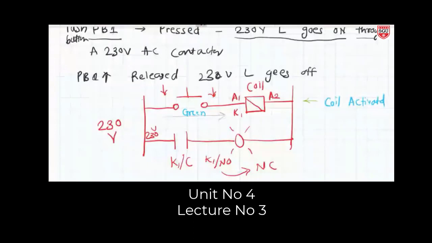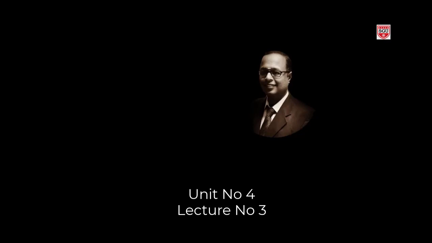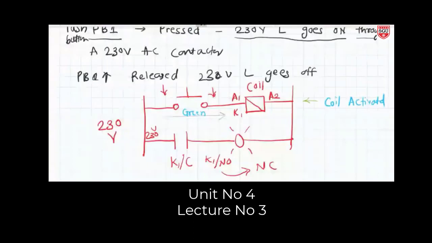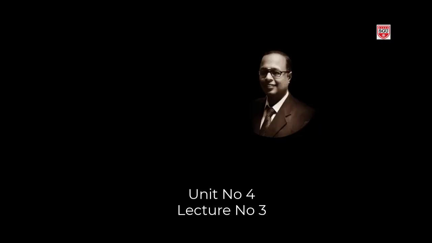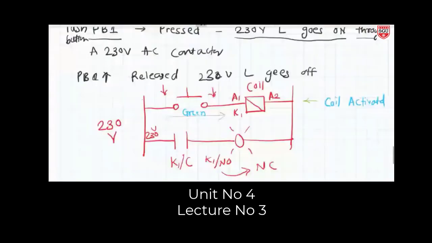The coil will not be activated. The coil will be deactivated and the magnetic field in the coil will be removed. When the magnetic field is removed, the NO which was converted to NC will come back to its original NO position, and the bulb will turn off.